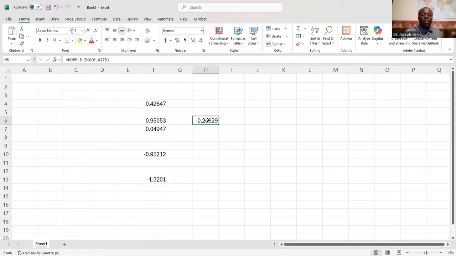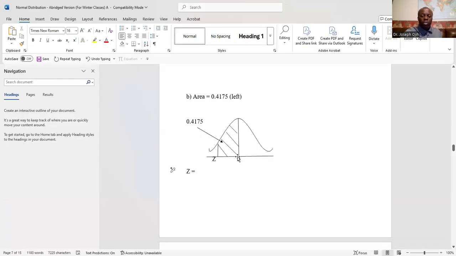Sorry, my mistake, we have to make the adjustment, because remember, this is just like the other one. This shows us only between 0 and Z. It forgot this side. So we make the adjustment: 0.4175 plus 0.5 that was missing gives us 0.9175. So this is what we're going to be looking at.